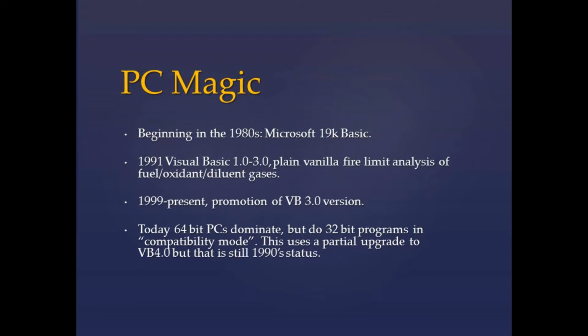The algorithm I will demonstrate in this video began life in the 1980s as a Microsoft 19K BASIC program, for those who remember that far back, to convert mixture concentrations between formats. When 16-bit Visual Basic 1.0 came out in 1991, it was an obvious tool to build in a lot more power.